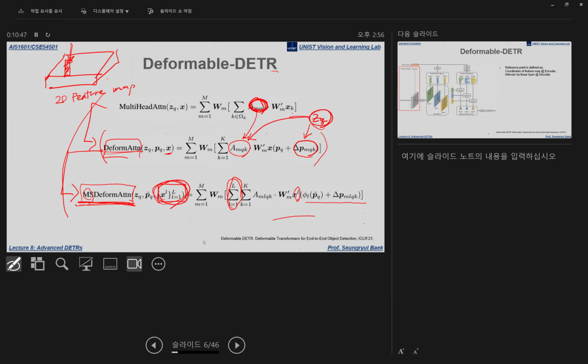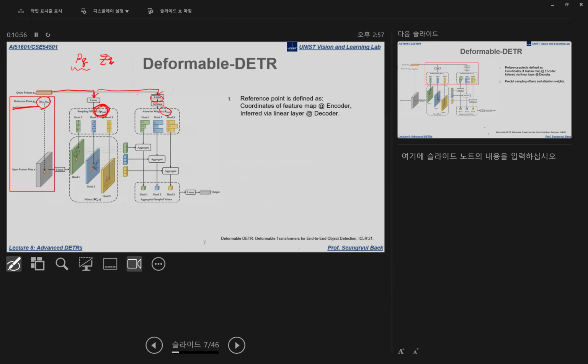We directly estimate this weight and the offset of the pixels from the query feature. So all the operations are now linear.